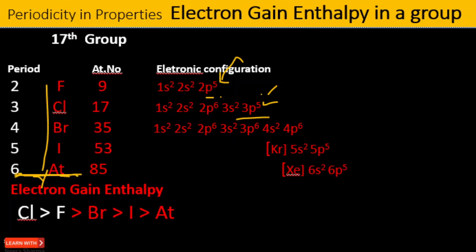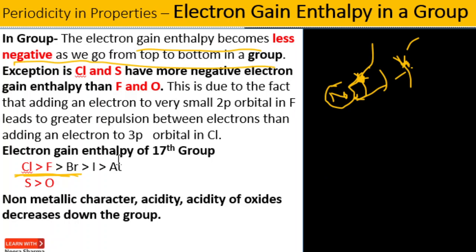In the second shell, there are already 7 electrons, 2s2 2p5. We are adding an electron, and fluorine already has the smallest size. In case of chlorine, it is going into the 3p. Because of repulsion between the electrons present in the second shell, fluorine has less electron gain enthalpy than chlorine.